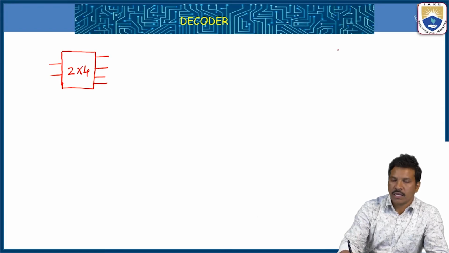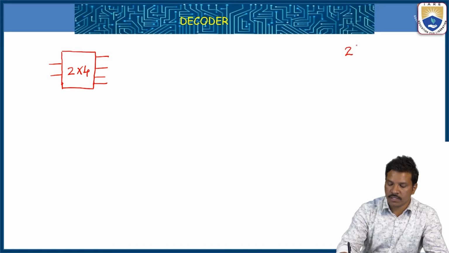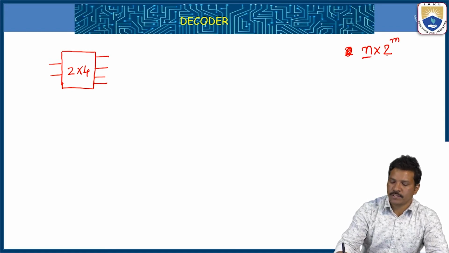Basically, a generalized decoder has n number of inputs and 2 power n number of outputs. So the representation of the decoder is n by 2 power n, where n is the number of inputs and 2 power n is the number of outputs.